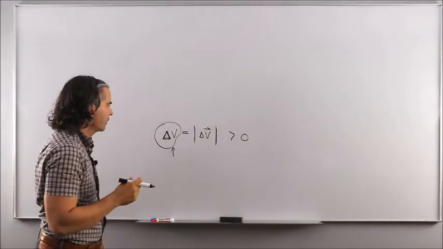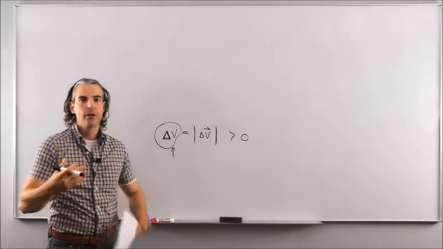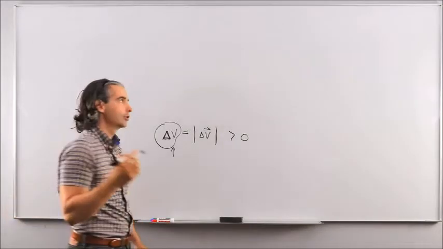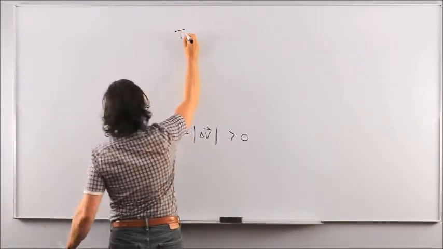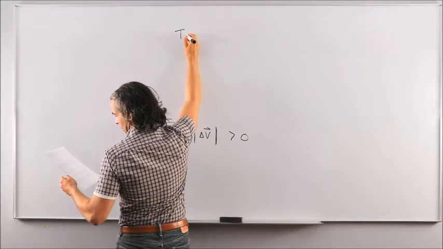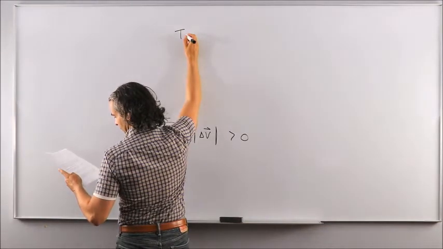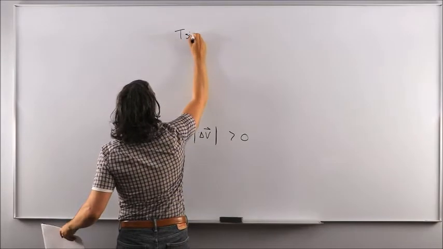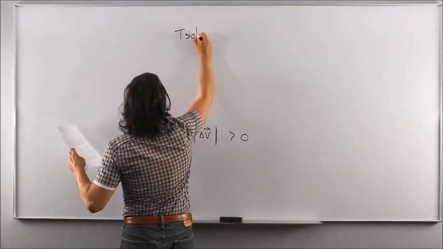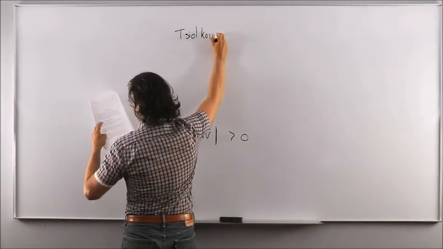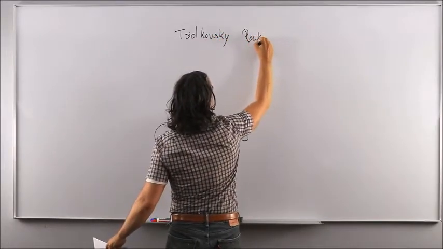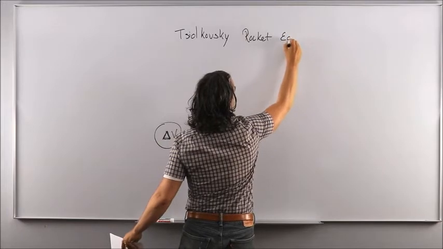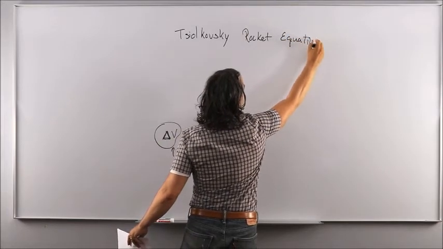So the way we quantify fuel usage required to perform an orbital maneuver is through the Tsiolkovsky rocket equation, okay? Let me spell his name properly. Tsiolkovsky rocket equation.